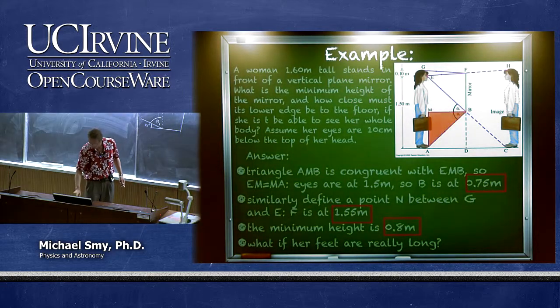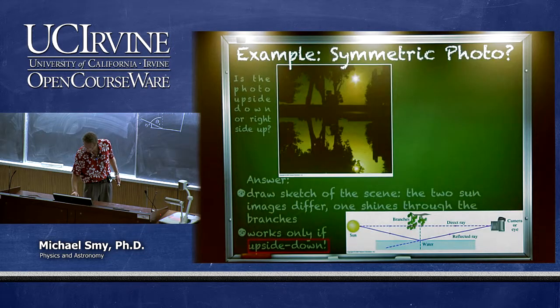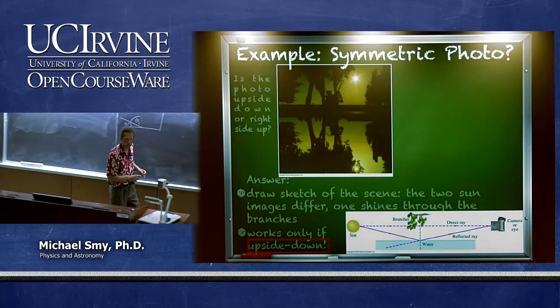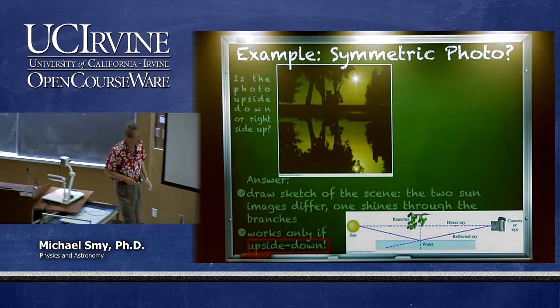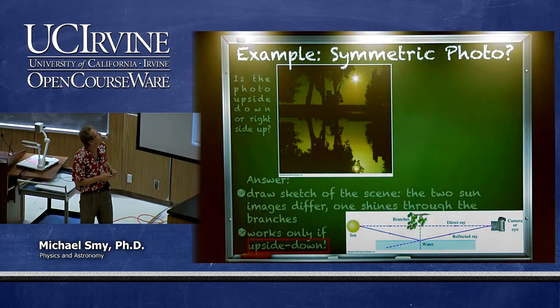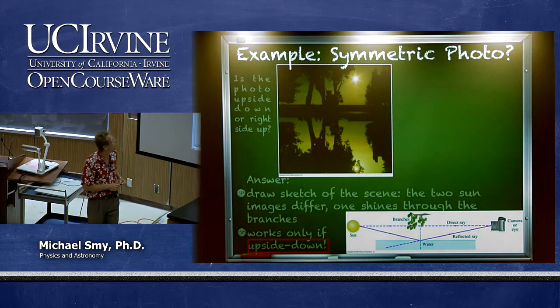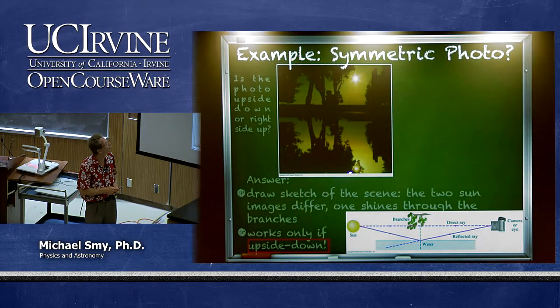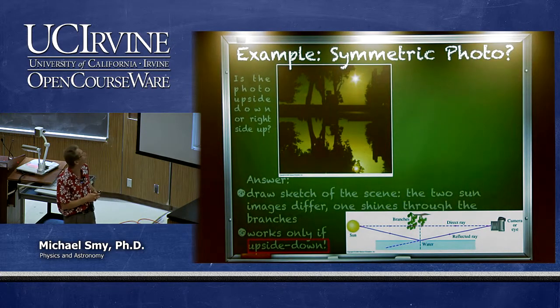So we are now returning to the beginning picture of the chapter, which shows this reflected image and the real world simultaneously. And the question is, is this photo correct, or is it actually upside down?